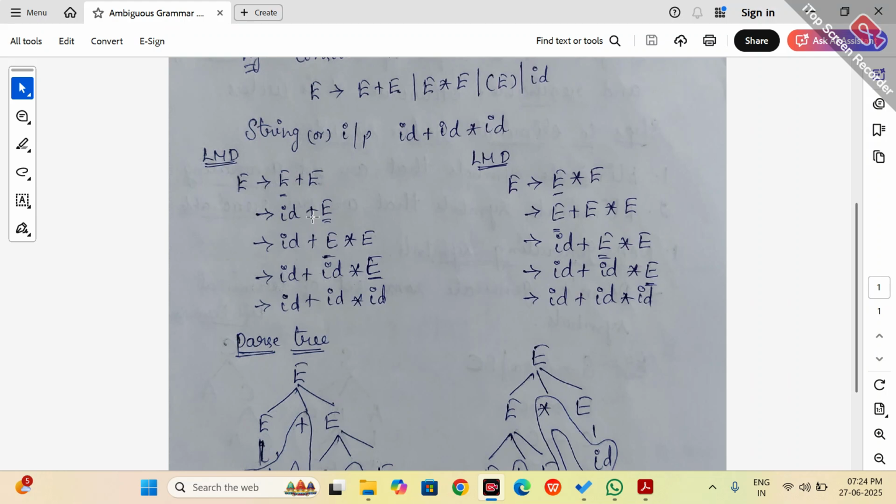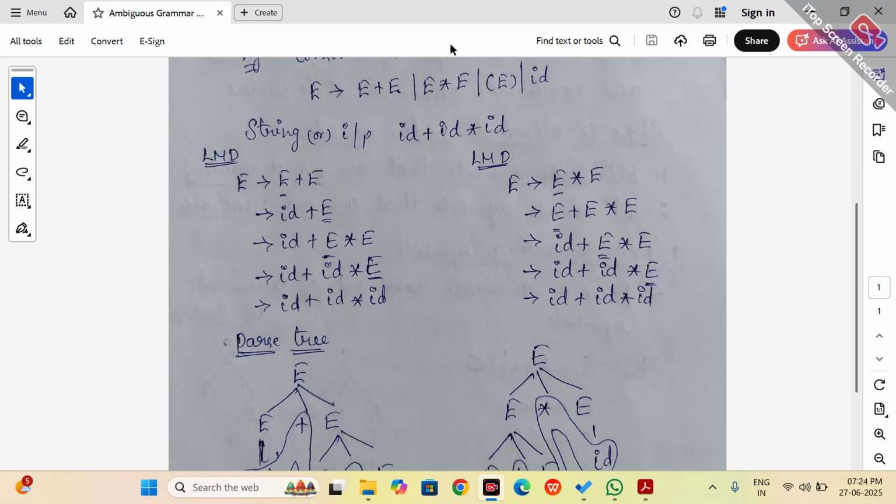Plus is a terminal symbol, so it comes as it is. The next leftmost non-terminal symbol is this E. You have to replace this E with one of the productions, so you compare with our input. In our input, after ID plus, an asterisk symbol will come, so you choose the E asterisk E production. So this E is replaced with E asterisk E. Again, out of these two E, the leftmost non-terminal is replaced with ID.